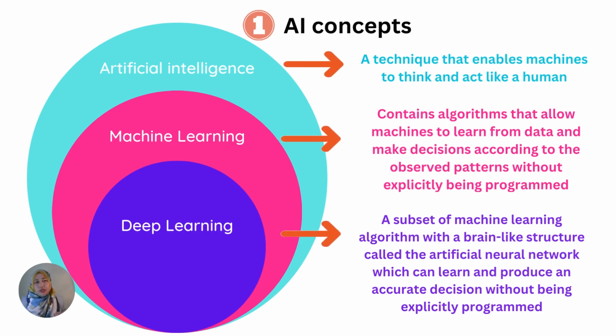These artificial neural network algorithms are like the brain structure, which allows the relationships within data to be extracted and connected. Deep learning is a subset of machine learning algorithms. Meanwhile, machine learning is a subset of AI.